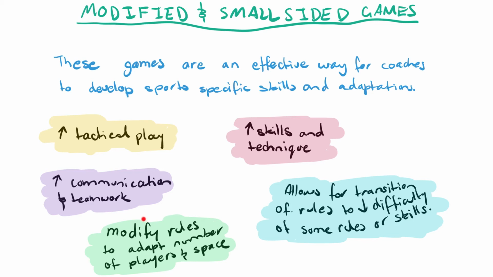Coaches will often modify the rules to adapt the number of players and the space. So it's really important that when you are implementing these sorts of games within your training program, you modify the rules. Sometimes that might mean a rule that's different to the game, but you don't want to implement rules that are too different to the actual game.